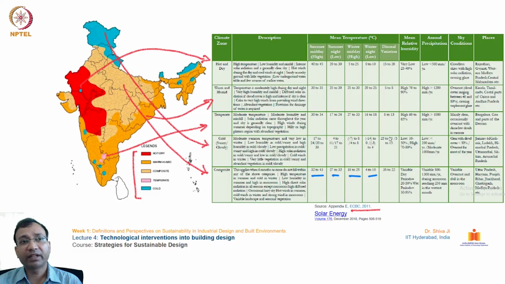And with the help of this data, the temperature chart, the relative humidity chart, the sky conditions and the wind conditions, we can improve our designs. So this chart becomes a basis for planning our design strategies in these various climatic conditions.